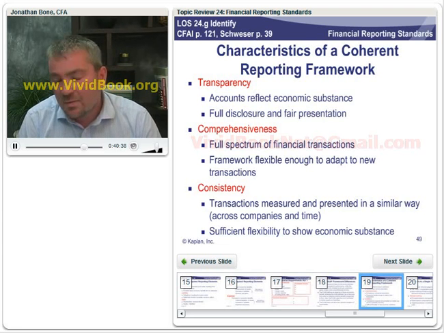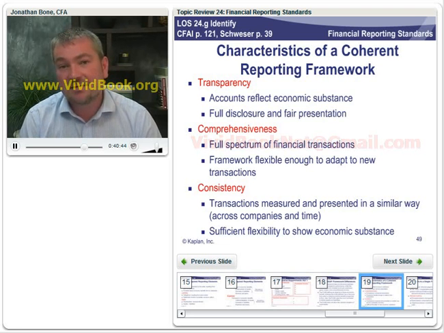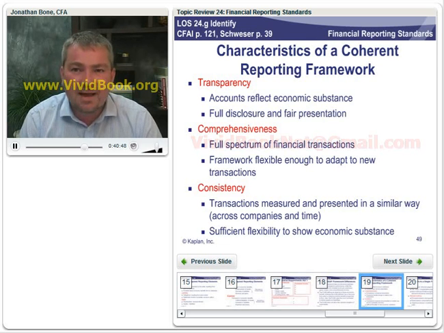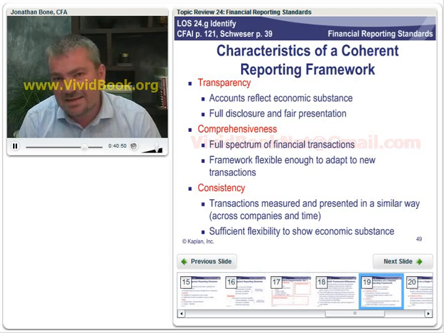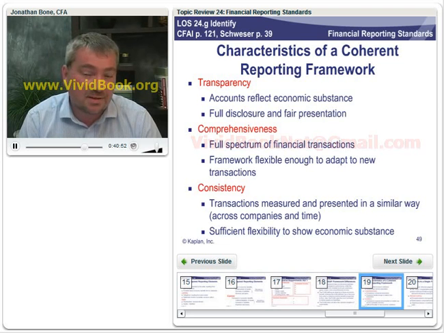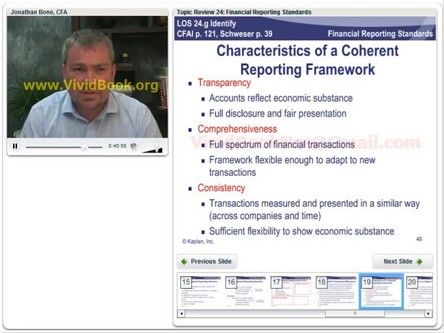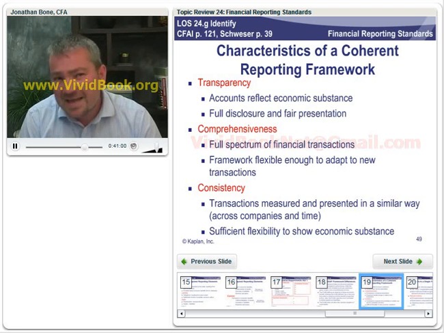Consistency, well, of course, once we choose to account for a transaction a specific way, and of course the specific way should be the one that shows its economic substance, then we need to present in a similar way across time. Now we've got to be a little bit careful here, because what we don't want to end up with is a prescribed set of rules where we're telling companies how to account for transactions. Why?